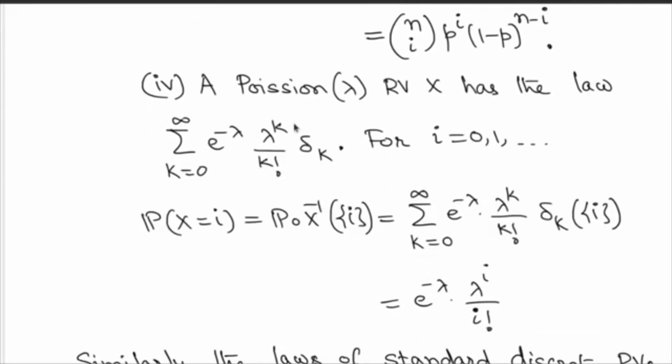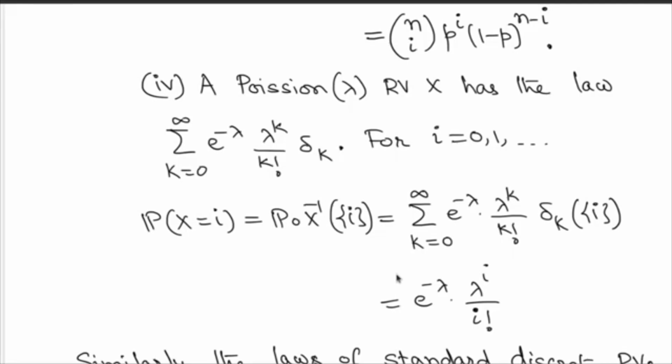A more general random variable, for example the Poisson random variable with parameter lambda, has the exact similar description. Here the law is an infinite combination but still a convex linear combination of Dirac masses, and what happens here again, if you choose these values i from 0, 1, 2, 3, 4, all these non-negative integers, then the probability X equals i exactly appears to be this quantity, which is again the familiar probability mass function for a Poisson random variable.